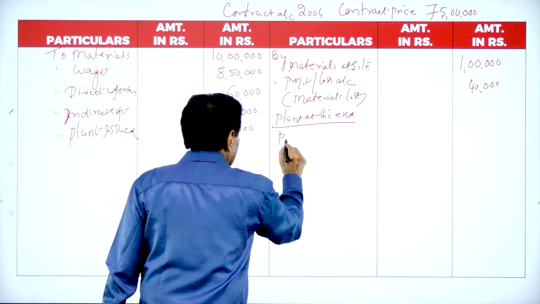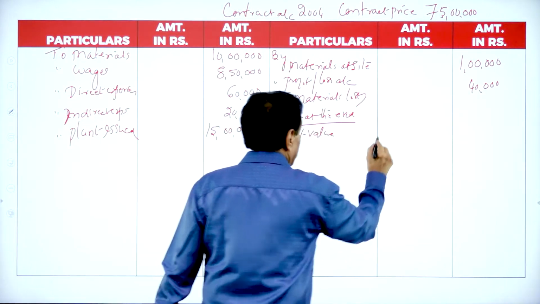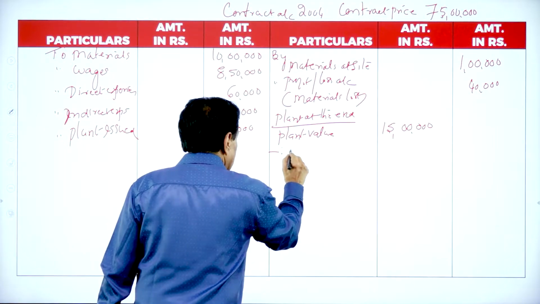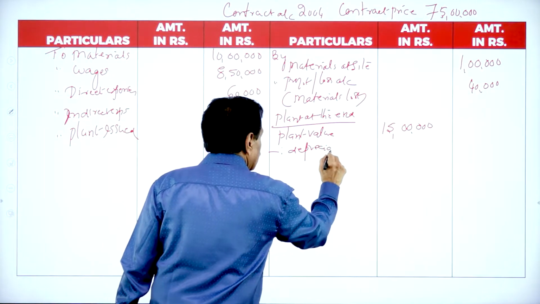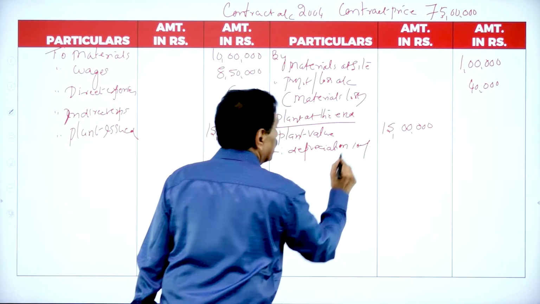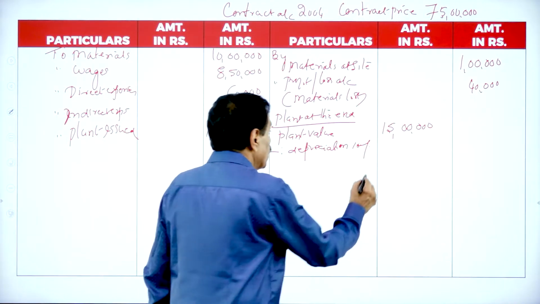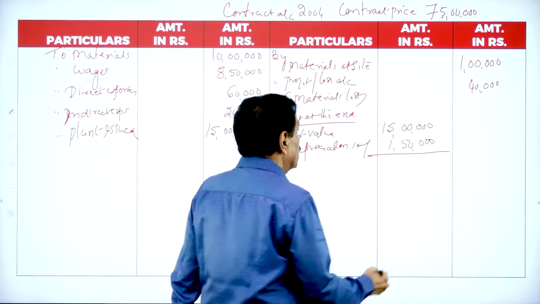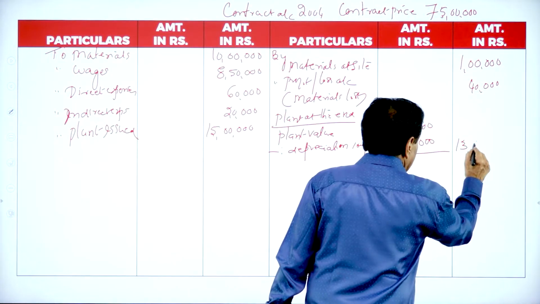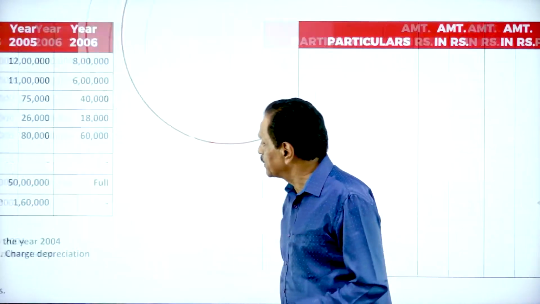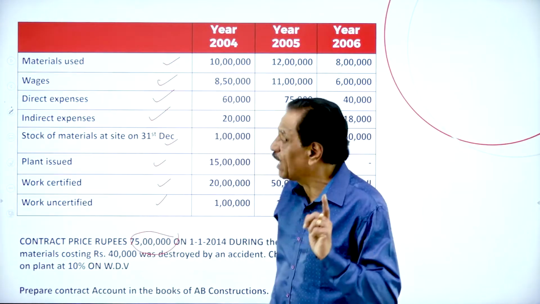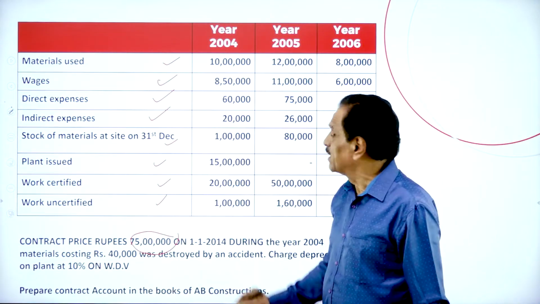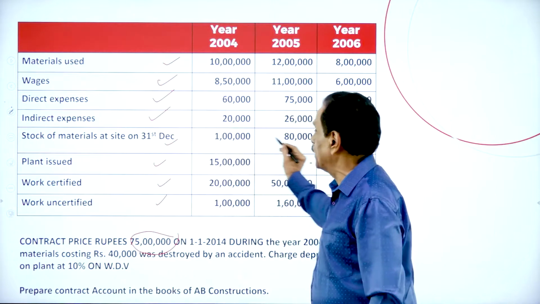Plant value 15 lakh minus depreciation 10%. 10% of 15 lakh is 1,50,000. It comes to 13,50,000.